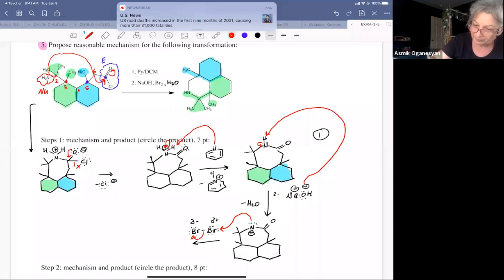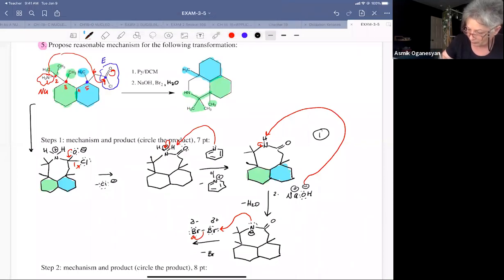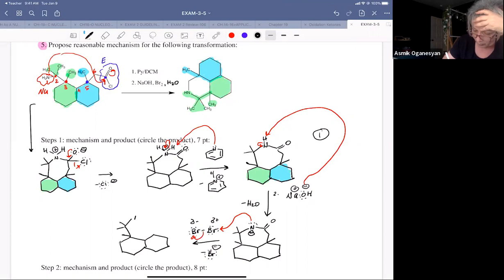Moving on. So let's continue drawing our product. Now my nitrogen is carrying bromine.